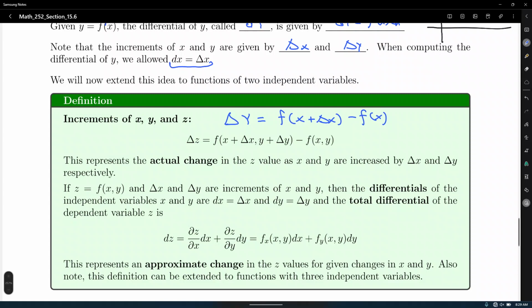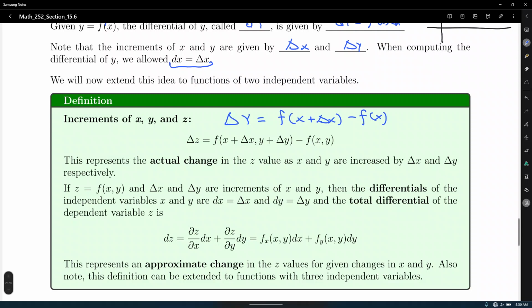Extending this to functions of two variables, f of x plus delta x becomes f of x plus delta x comma y plus delta y, because now we're changing the two variables at the same time, x and y, and then we subtract the value of the original function, f of x, y. All right, so this is going to give us the actual change.